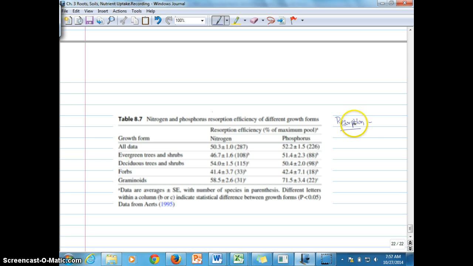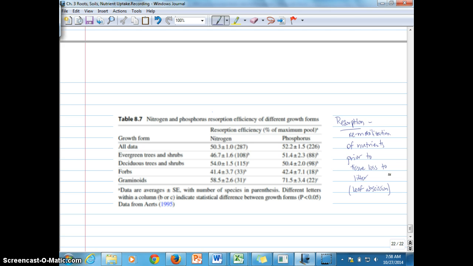And resorption is defined as the remobilization of nutrients prior to tissue loss to litter. Or we could refer to that, for example, as leaf abscission. And that's basically where leaves drop off in deciduous plants.